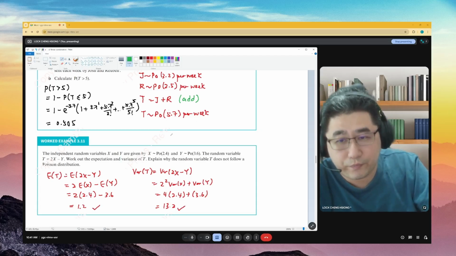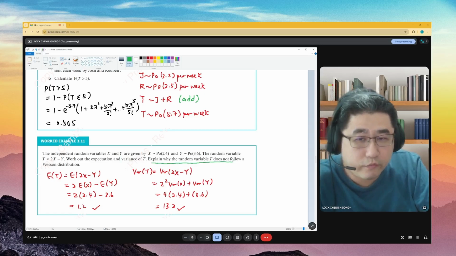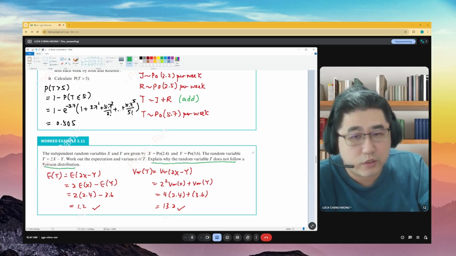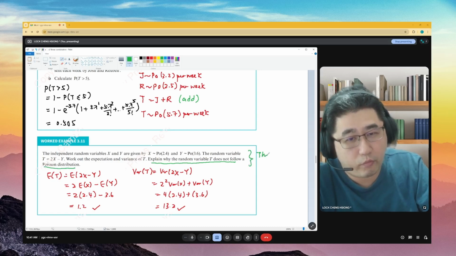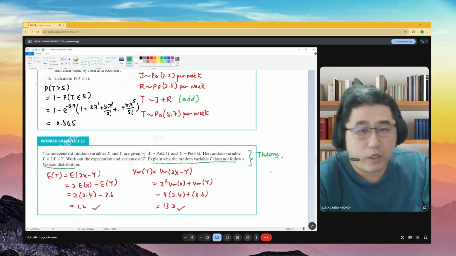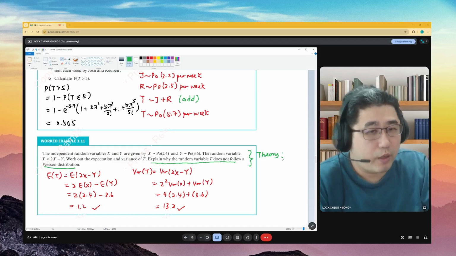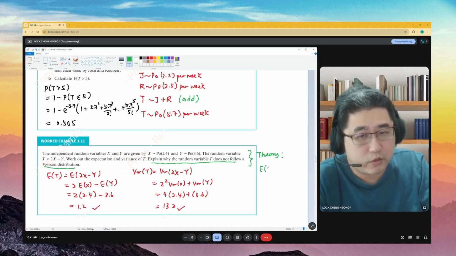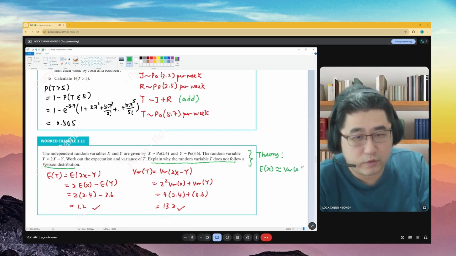Explain why random variable T does not follow a Poisson distribution. This is actually back to theory. Remember that when we talk about the Poisson distribution, one important characteristic is that the expected value must be about the same as the variance.